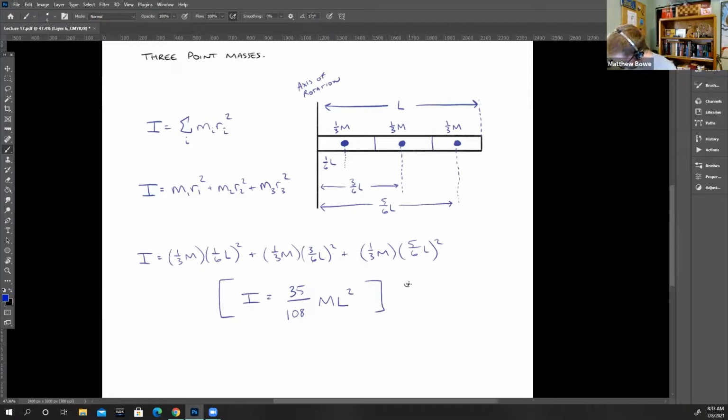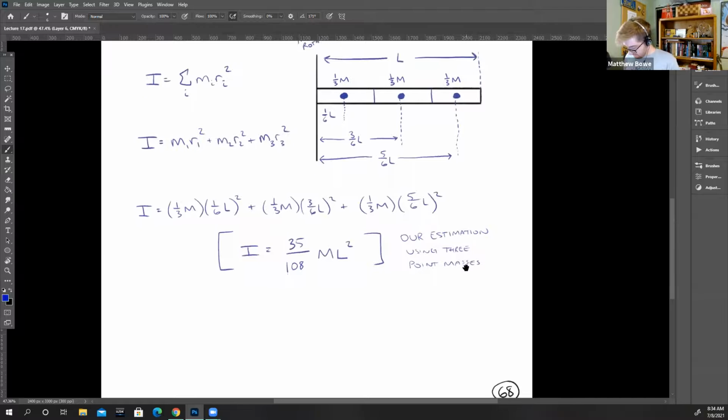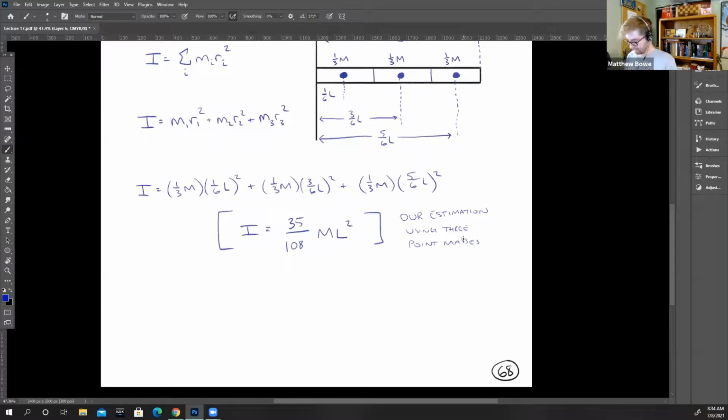So I'll say our estimation using 3 point masses. Okay. This is a good estimation.